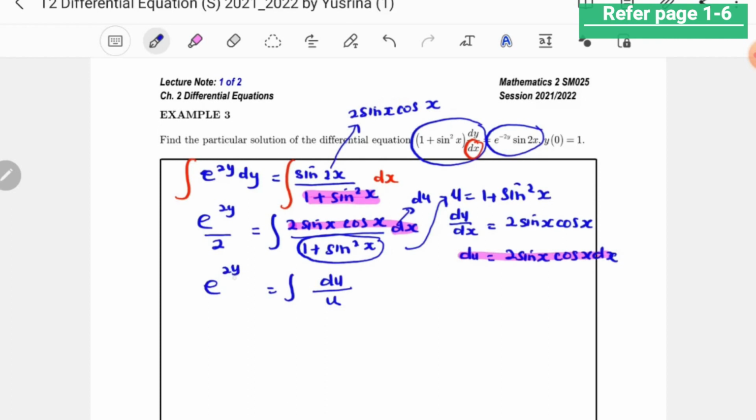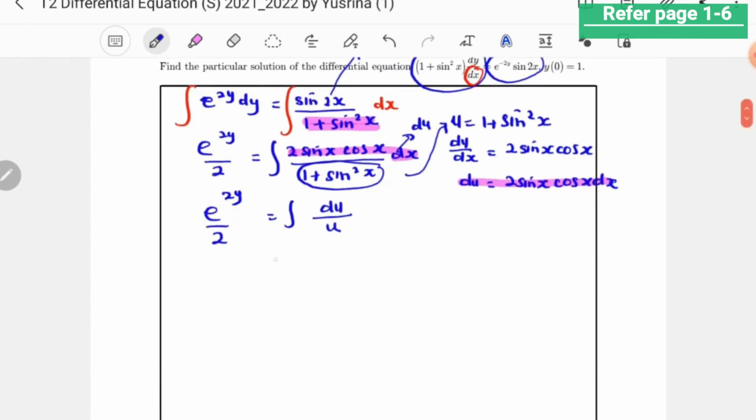So for the left hand side, e to the 2y over 2 equals integrate 1 over u du, that means you get ln u plus c. For the left hand side, we just copy.